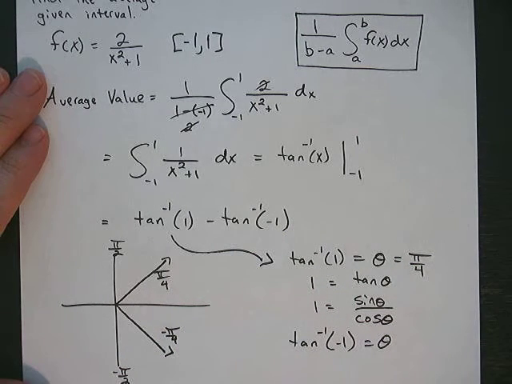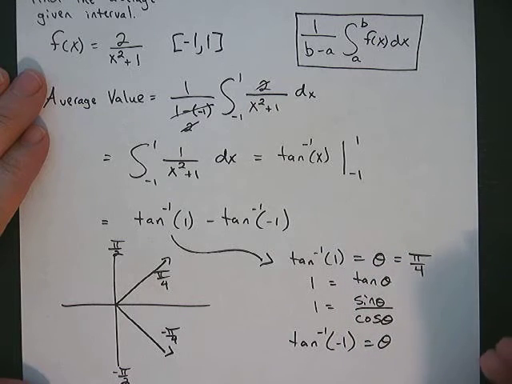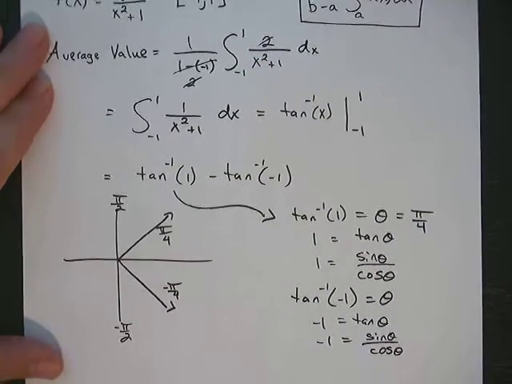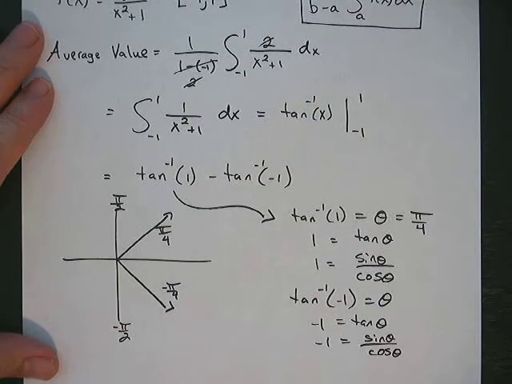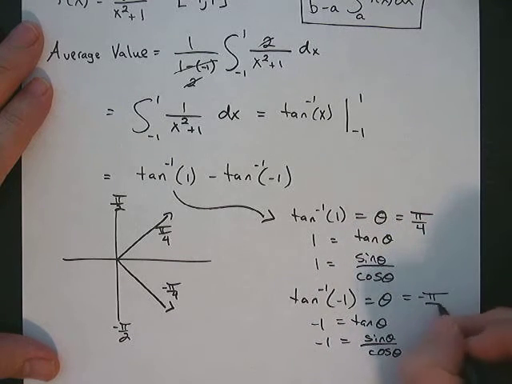So that means that one of them is square root of 2 over 2, and the other one is negative square root of 2 over 2, which will give you -1, because we're looking where -1 is equal to tangent theta, or where -1 is equal to sine theta over cosine theta. So where are they opposite values? And they're opposite values at -pi over 4. So this is equal to -pi over 4.